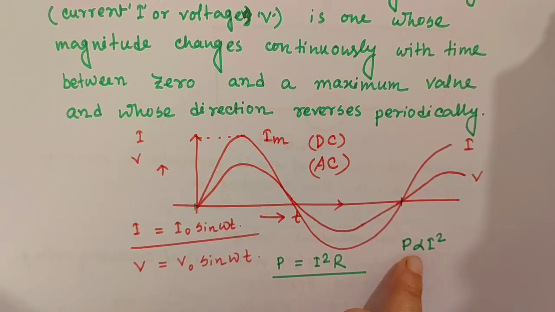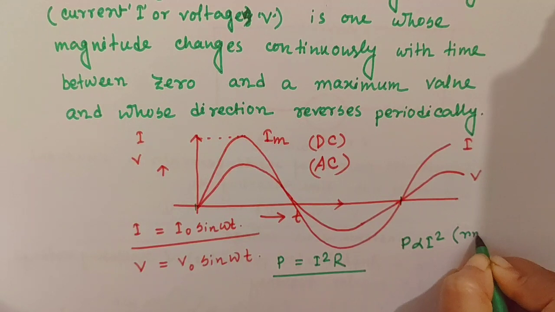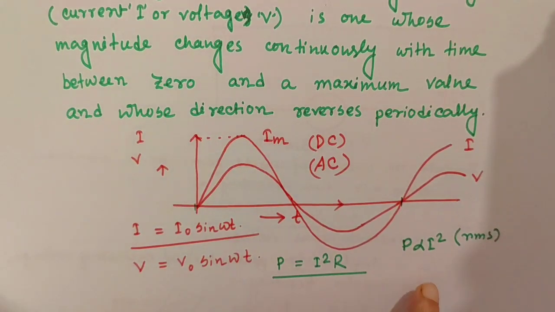The square root of the average value of the square of the current is called the root mean square or RMS current. I repeat, the square root of the average value of the square of the current is called the root mean square or RMS current.